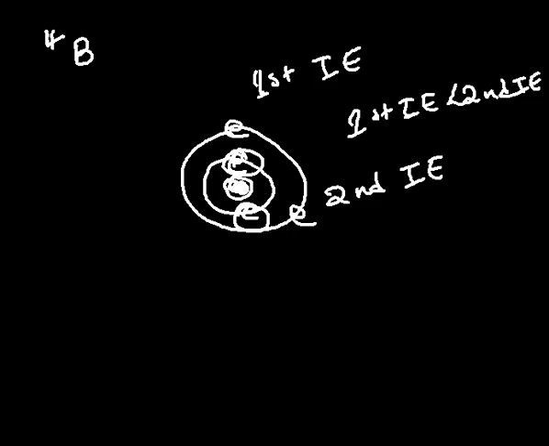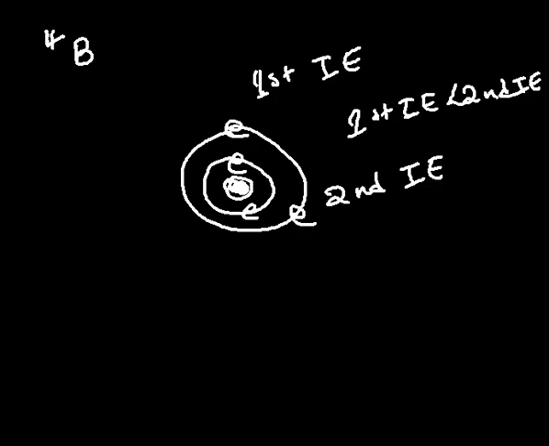So the energy required to eliminate the second electron is more than the one required to eliminate the first electron, since the second electron experiences the greatest force towards the center. So it will need more energy to eliminate that one.